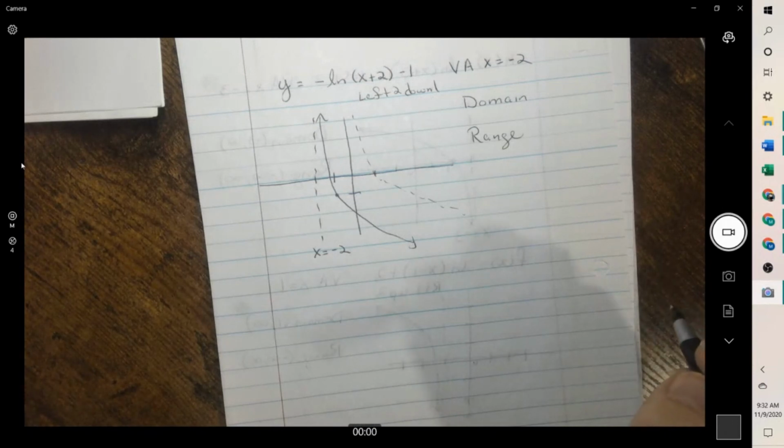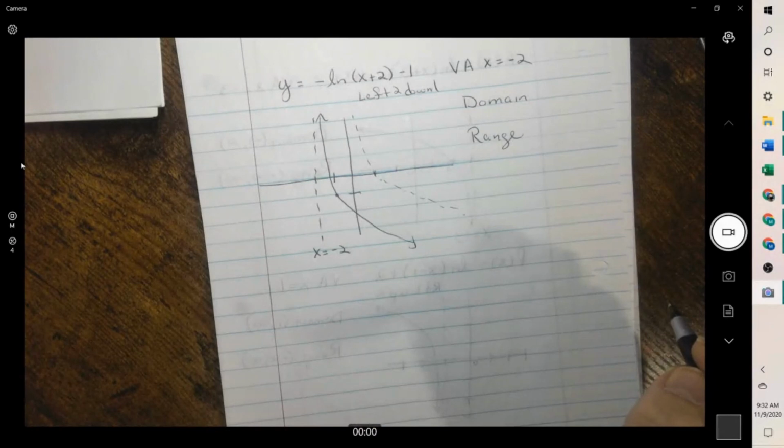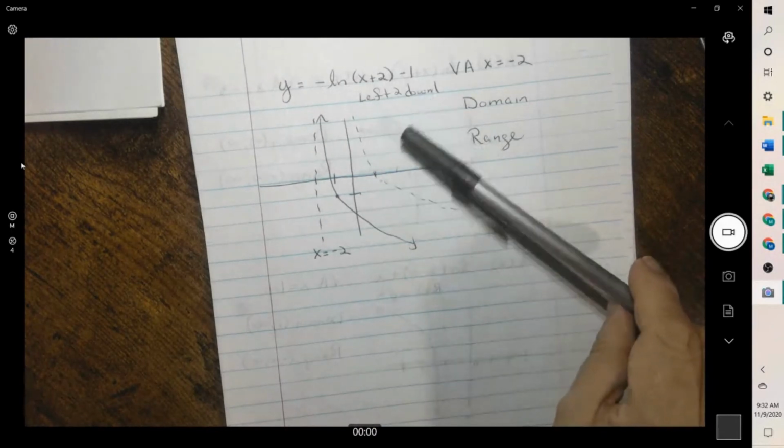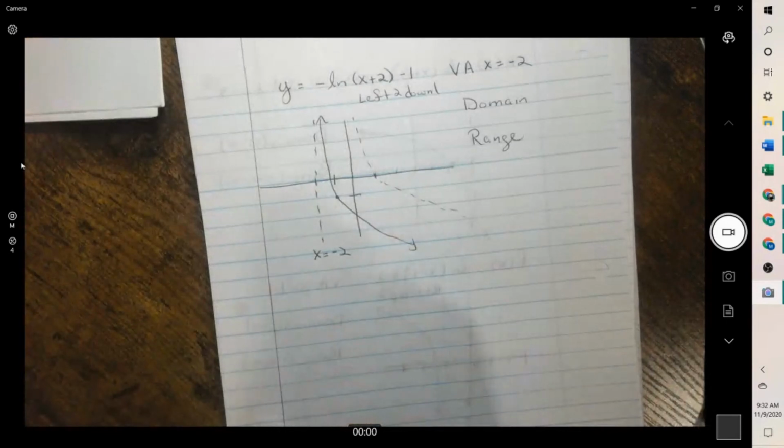Any questions on that? Any questions on the natural logs? Do you need to do another one before we do the exponentials?